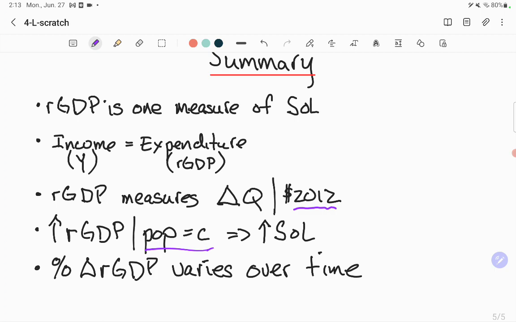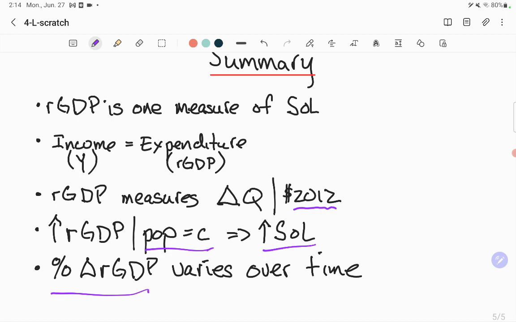So if population doesn't change and real GDP goes up, on average, everyone's standard of living goes up. And real GDP grows over time, but not at the same rate. Real GDP is going to increase and decrease. It's going to grow faster and slower over time.